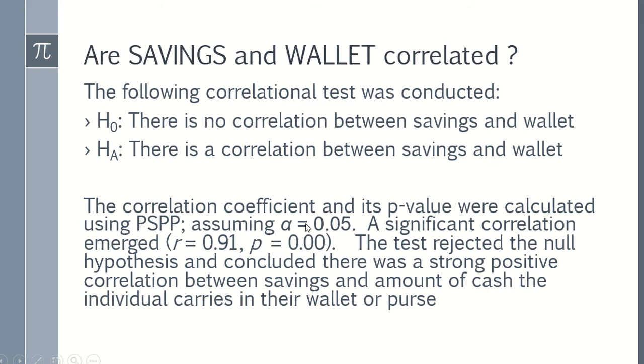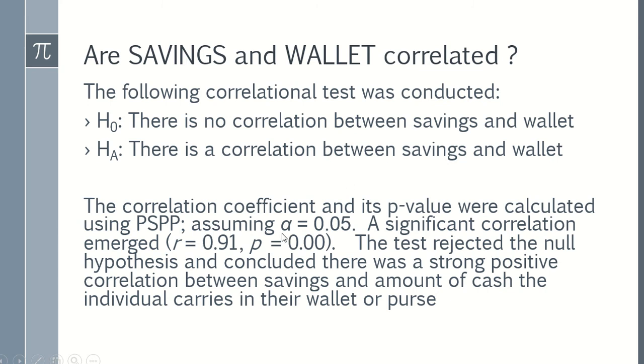We have a p-value here of 0. Comparing this to our significance level of 0.05, we can reject the null. So we reject the fact that there is no correlation. That would mean that there is a correlation.